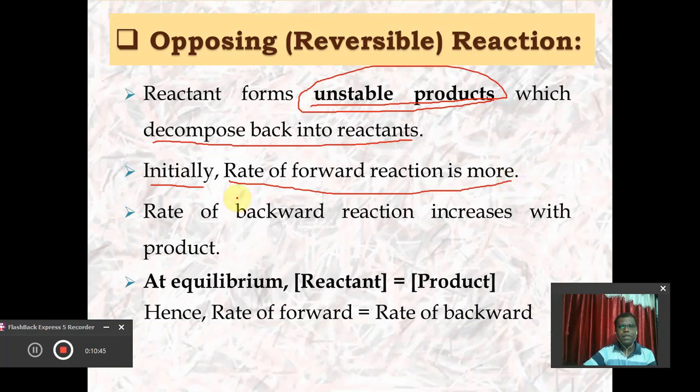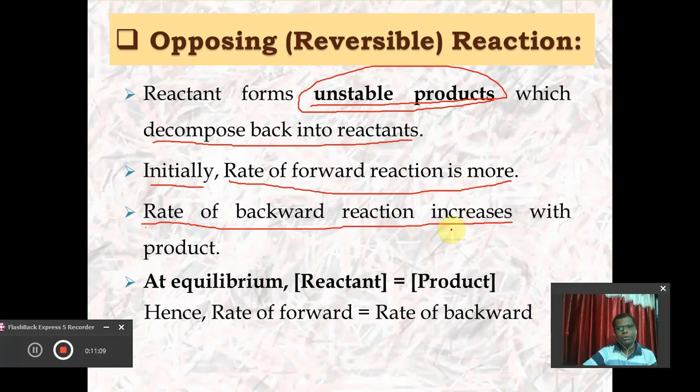But initially, whenever we start the reaction, the rate of forward reaction is more, and this rate decreases with time while the rate of backward reaction increases. This is very simple. Initially the rate of forward reaction is more and the rate of backward reaction is smaller. Why?